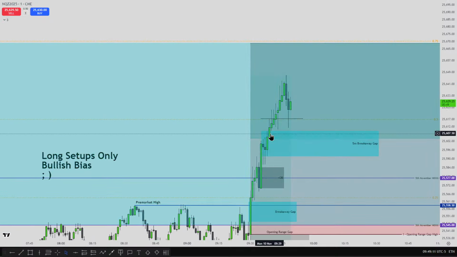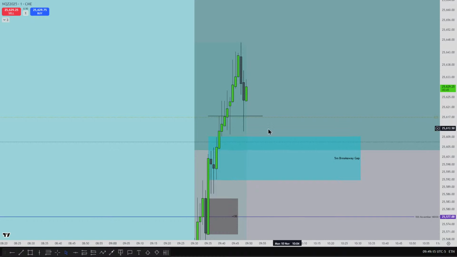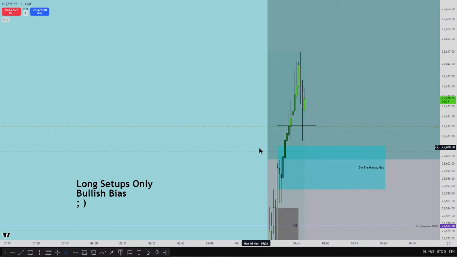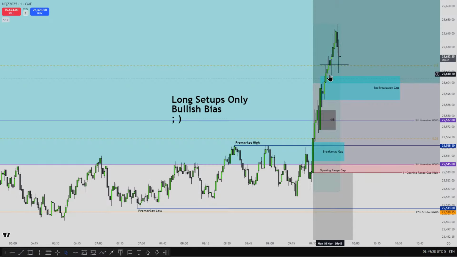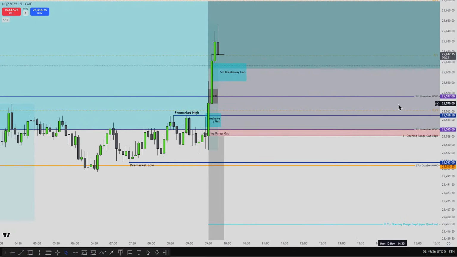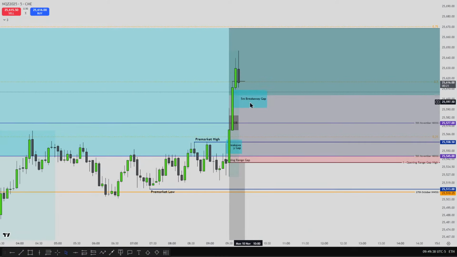You want to see full-bodied, thick candles that are leaving inefficiencies behind, which we're not really seeing here. So deeper retracements are possible, and it's low probability, because if it is to drop somewhere, where's it going to fall and find support? There's nothing really supporting it there beyond this bullish order block and that 5-minute gap, which currently is a breakaway gap. It doesn't need to remain one. I would like to see it remain a breakaway gap, but it doesn't need to remain one.